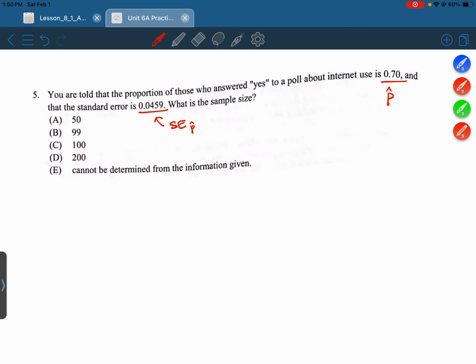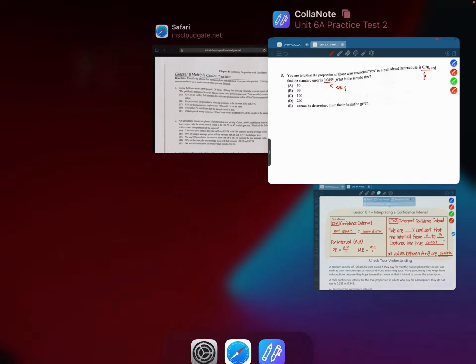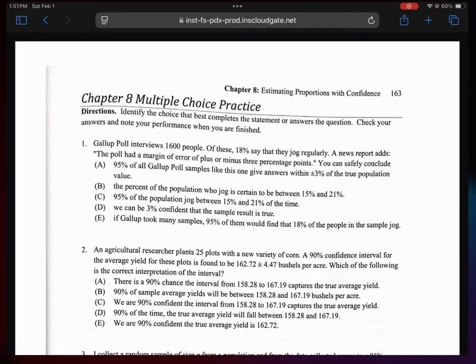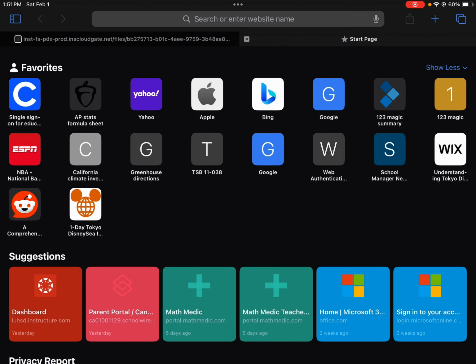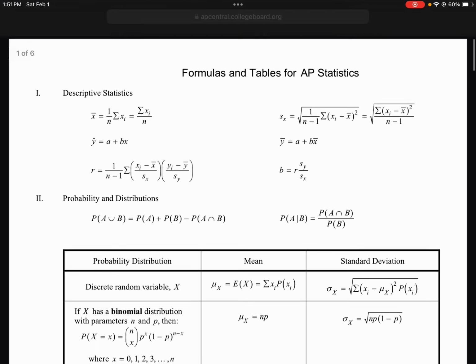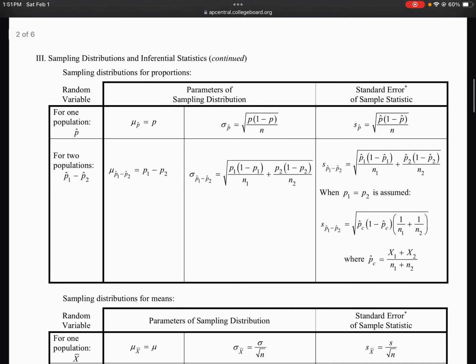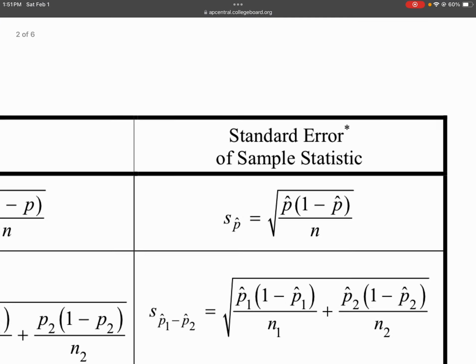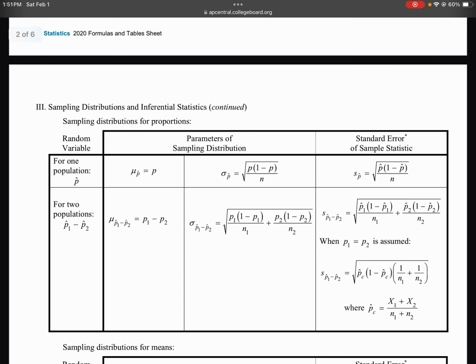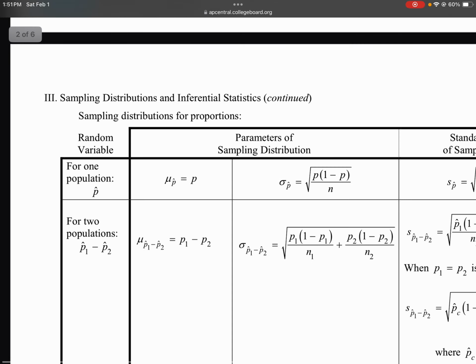All right, so let's start with, well, what is the formula? What's the expression for the standard error? All right, let's go over to our formula sheet here. There's a column here that says standard error, and we're looking at proportion.